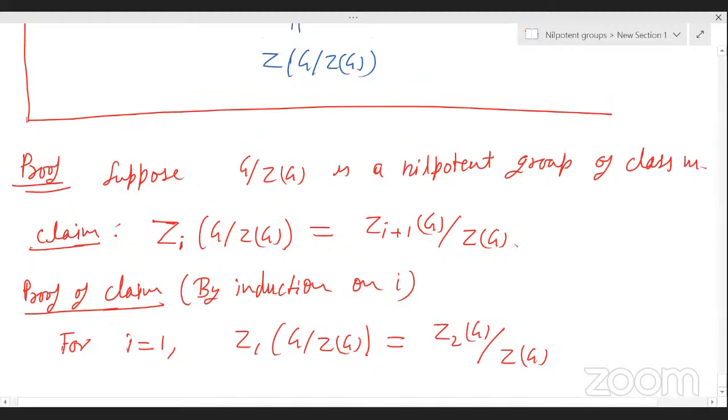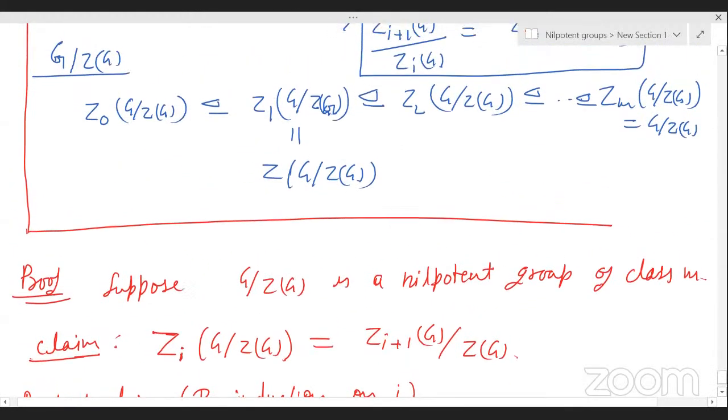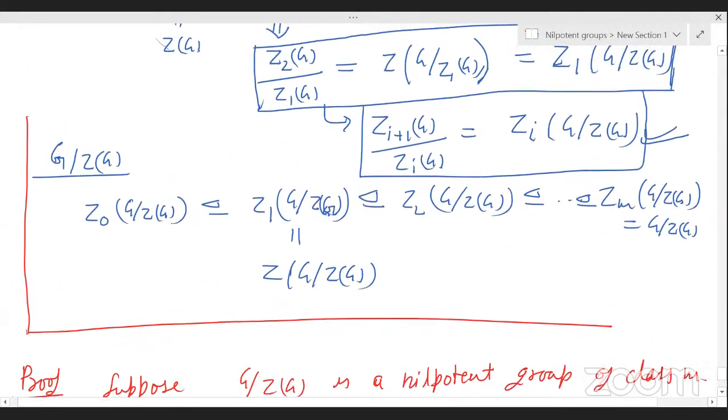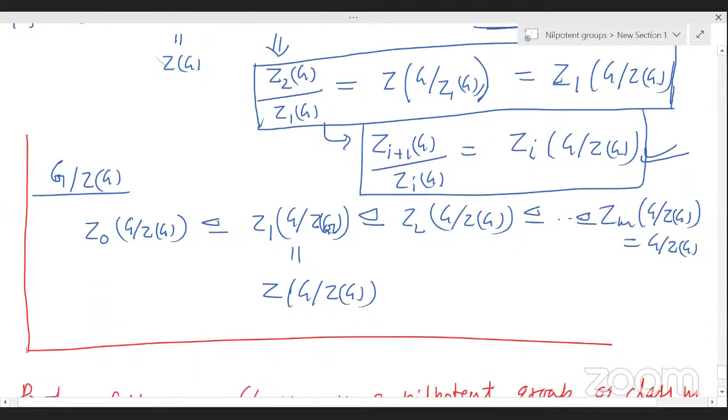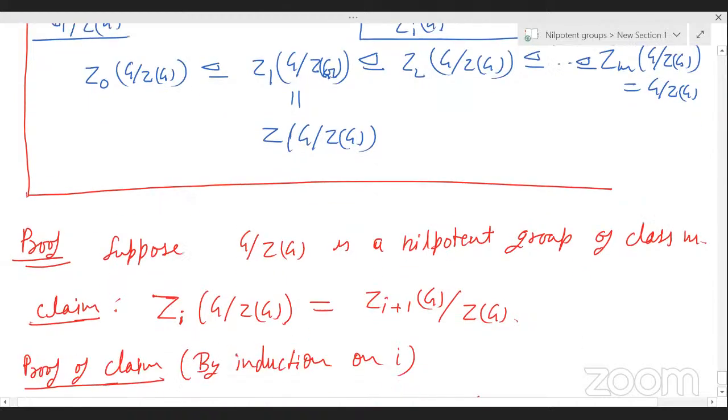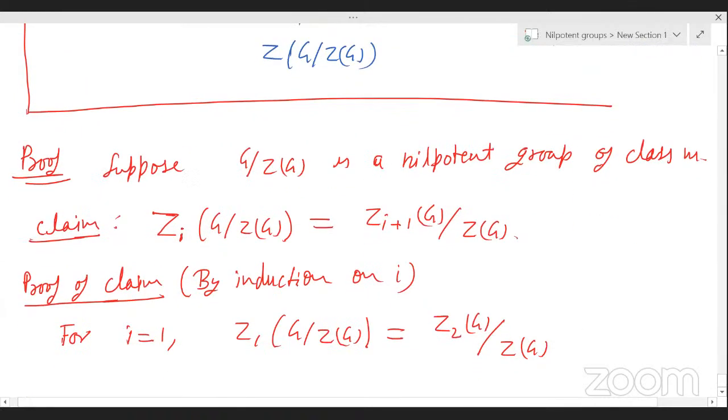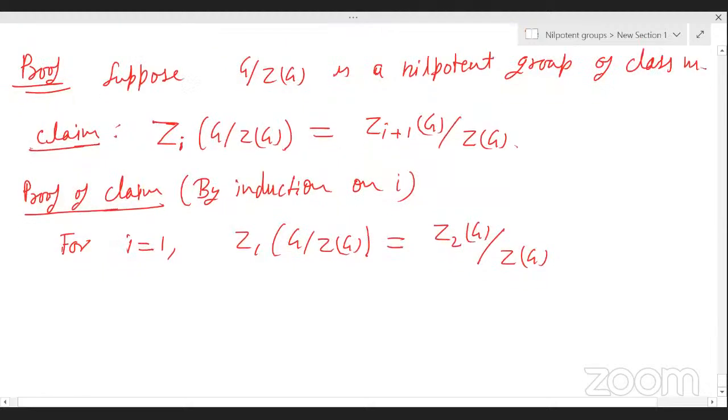Okay, so you may again see it. This is Z_2(G)/Z_1(G). Sorry, Z_1(G) is Z(G). So this is Z_2(G)/Z(G). Okay, so for i equal to 1, it is true.